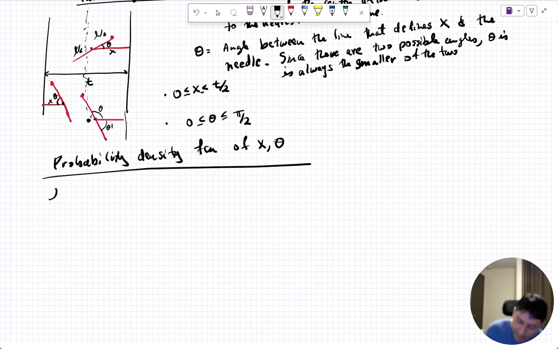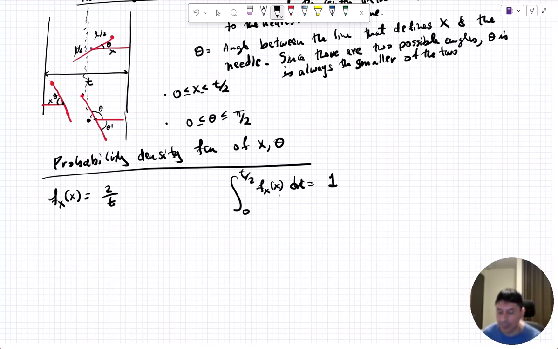So f of x of little x is going to be equal to, since it's uniformly distributed, 2 over t. Why is that? Because the integral between 0 and t over 2 of f of x dx must be equal to 1. And this particular value will force that integral to be 1.